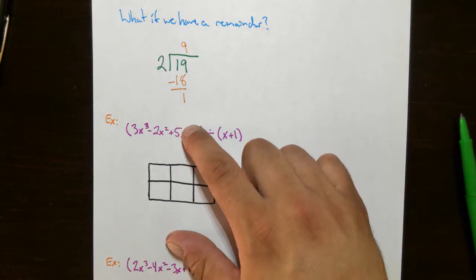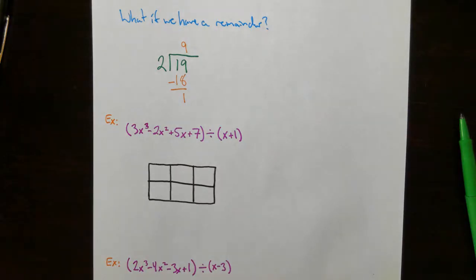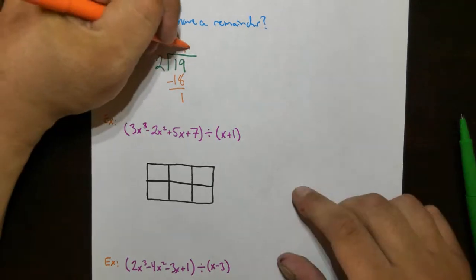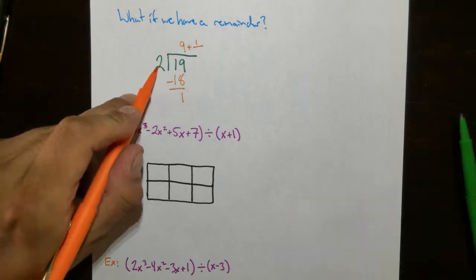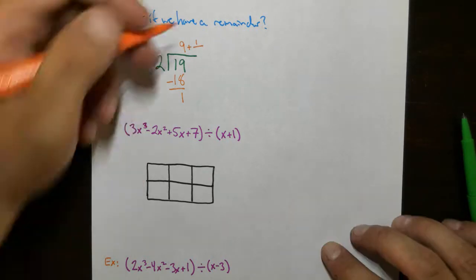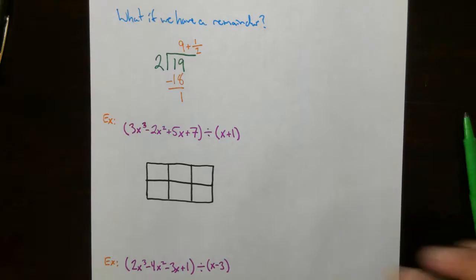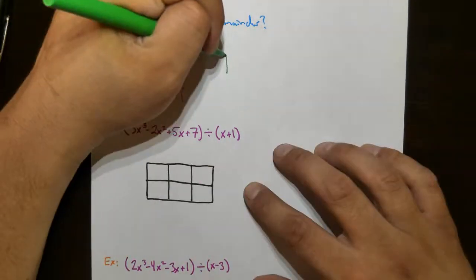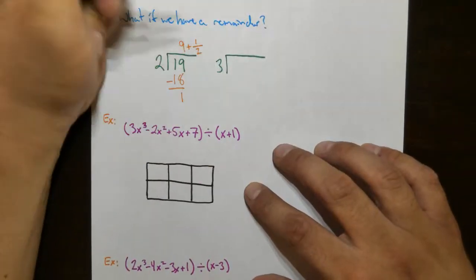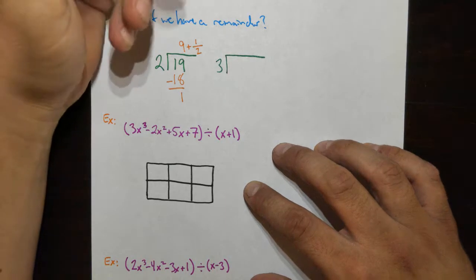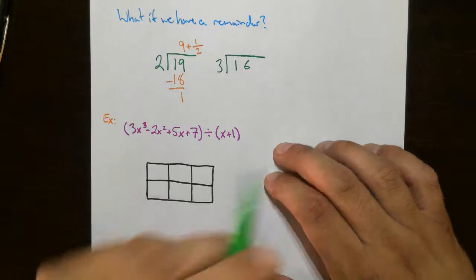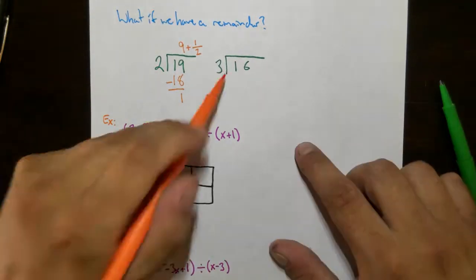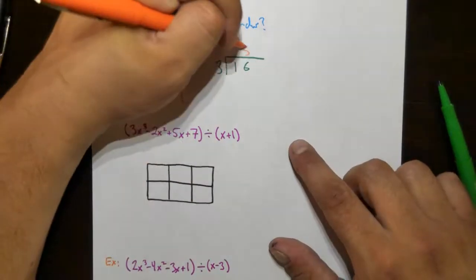Well, I'm not sure if you're aware what we do with remainders, but technically, we add the remainder, and it's going to be 1 over whatever we divided by. So in this case, it's 1 over 2. Say if we have something like 16 divided by 3. 3 goes into 16 5 times.